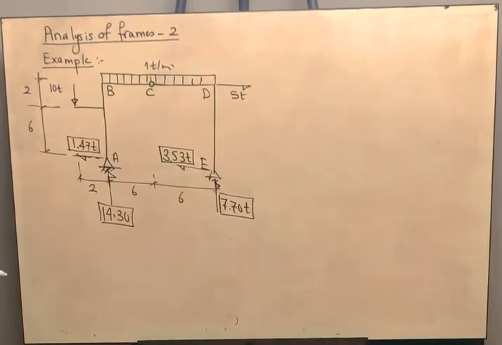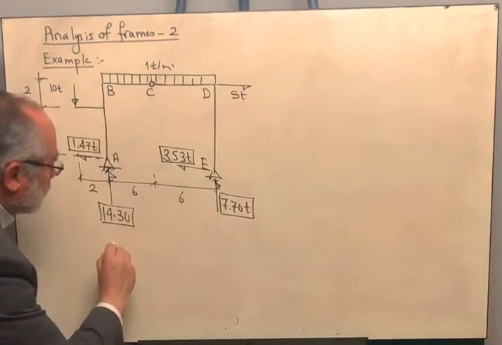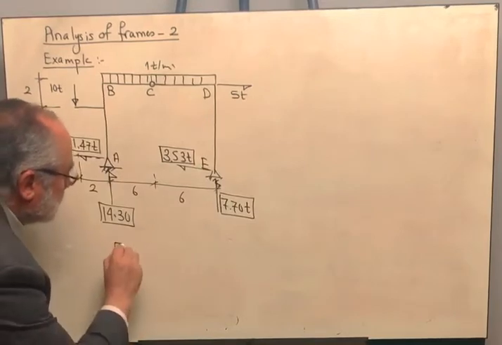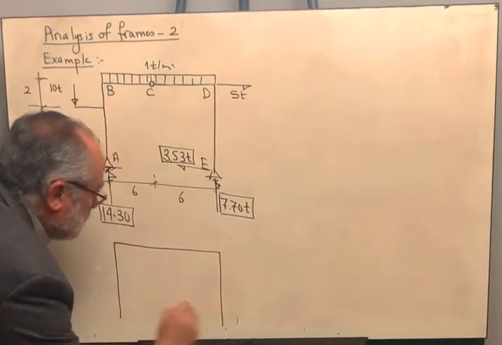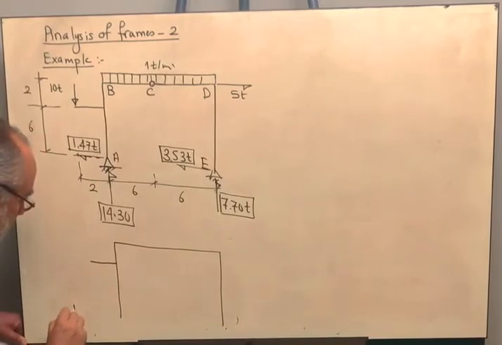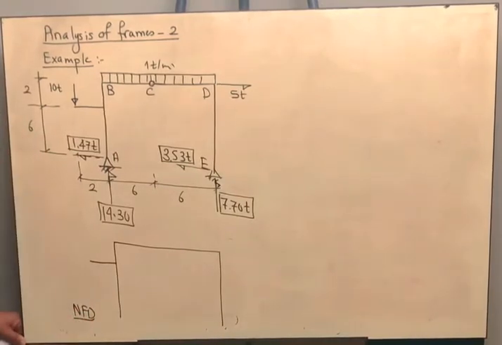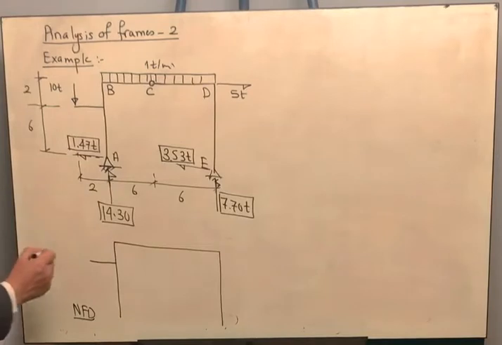Now, let us start solving for the normal force. Again, for the normal force, we are drawing the positive normal force on the far side of the datum and the negative normal force at the near side.